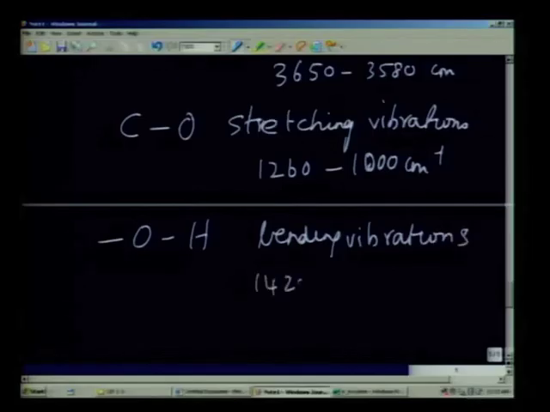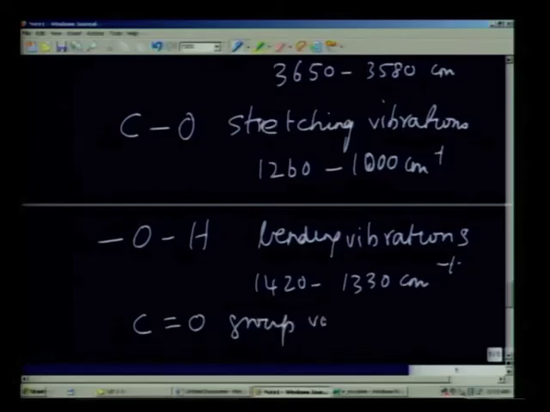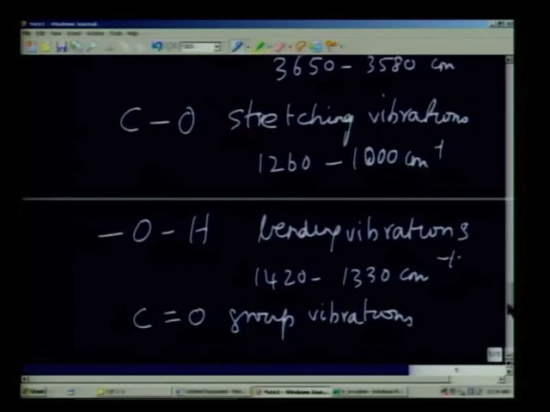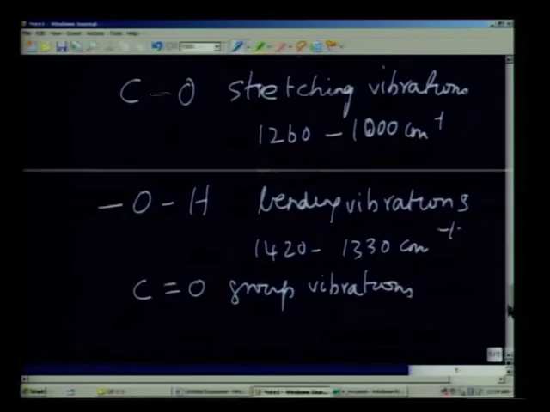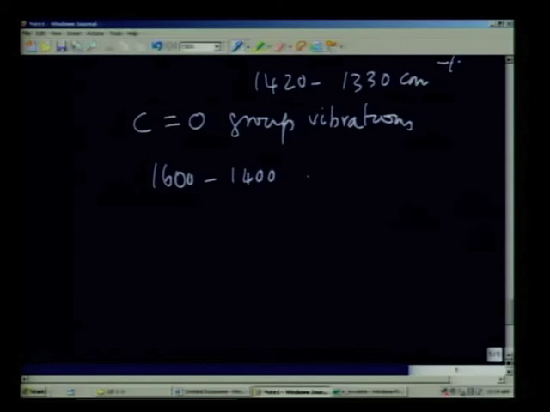between 1420 and 1330 centimeter inverse. Likewise you have this C double bond O, the carbonyl group vibrations, which fall in the range between 1600 and 1400 centimeter inverse.